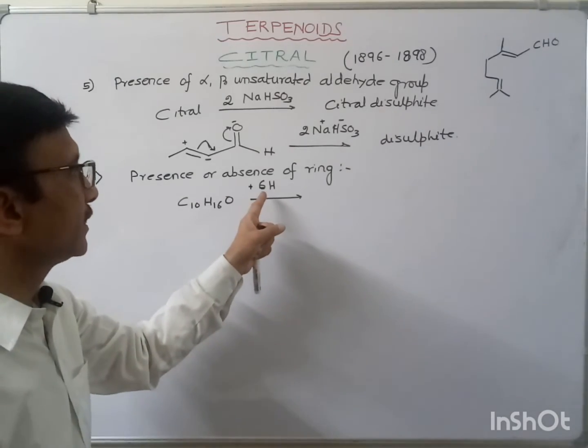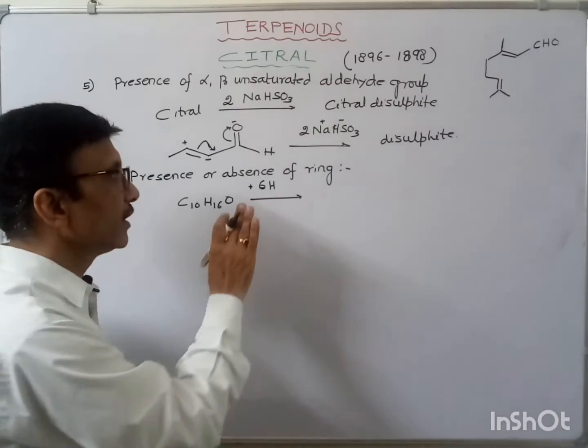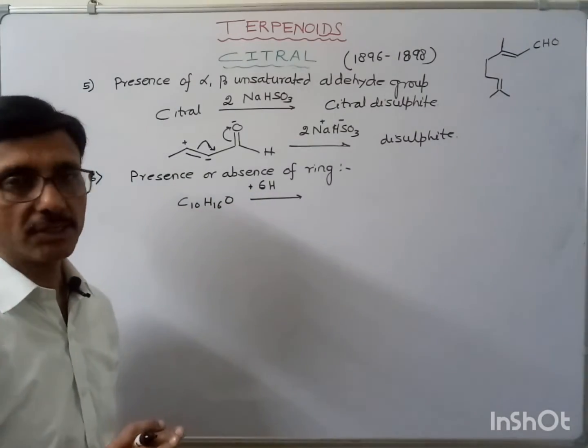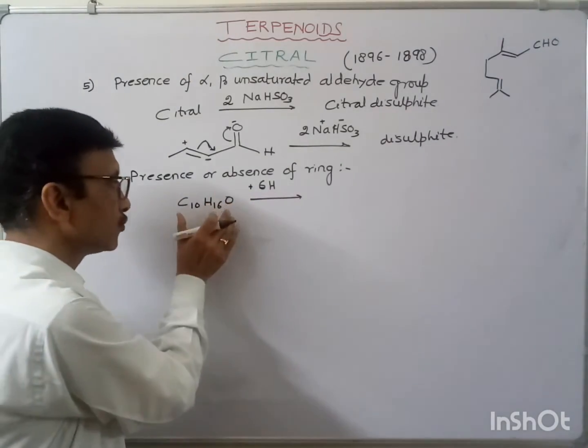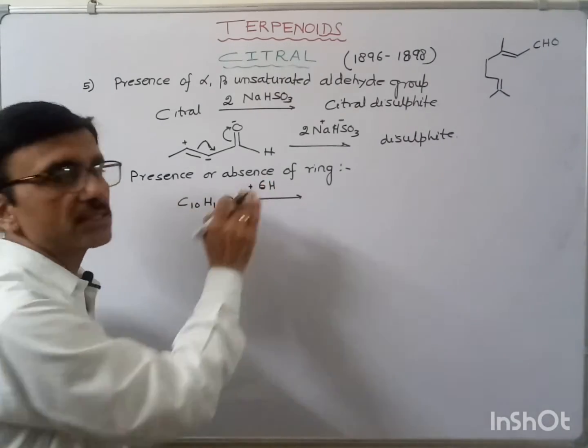Overall, 3 pi bonds are present, so to make this structure saturated we should add 6 hydrogen.